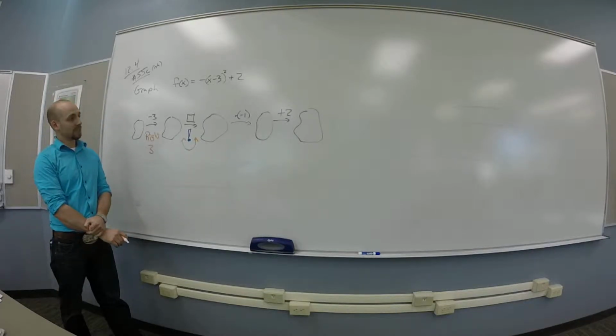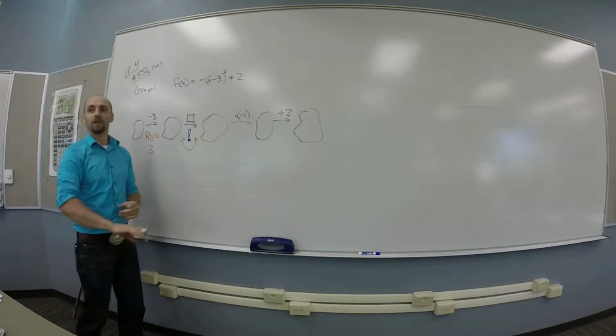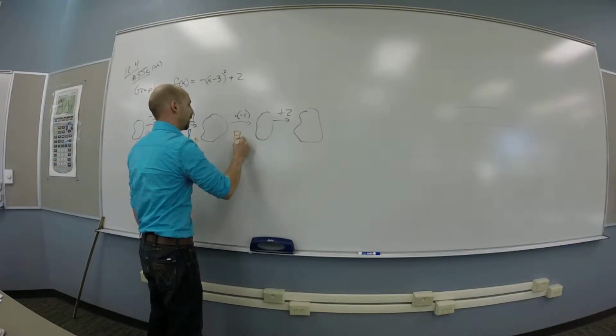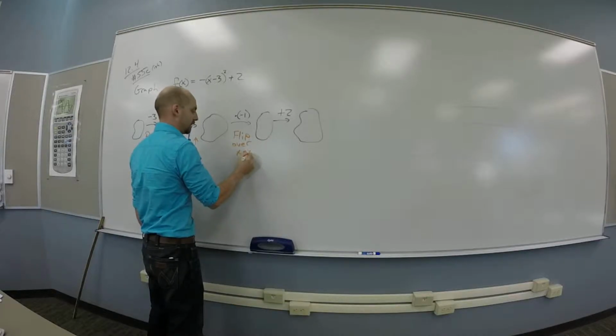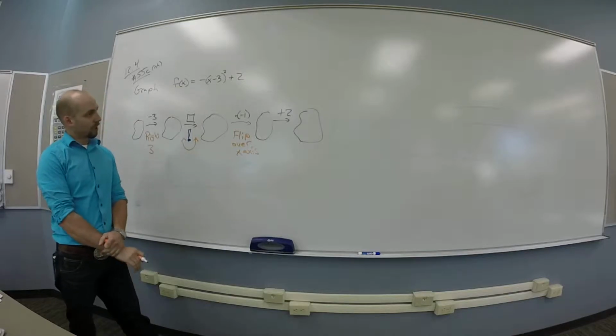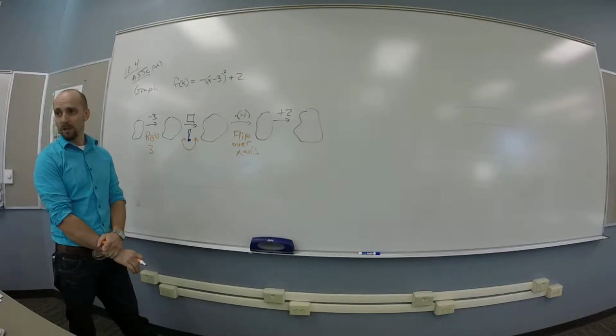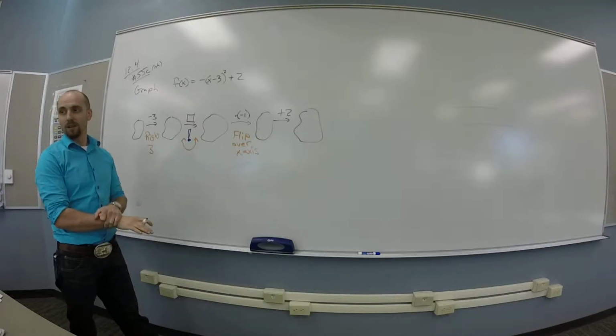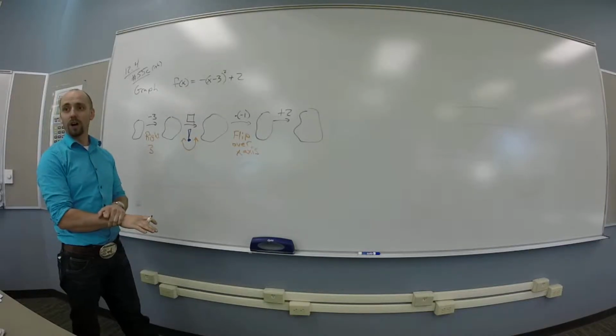Then what's the next thing tell me? Flip it upside down. Yeah, that's a flip over the x-axis, right? Okay, and then what's the +2 do? Move it up. Up 2. So that's modifying the outputs, right?